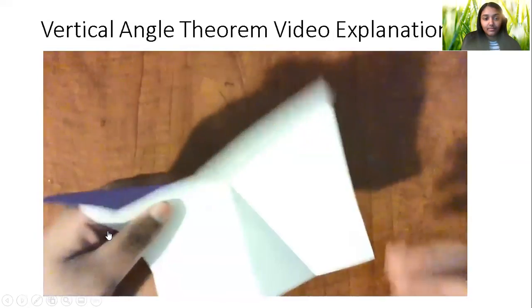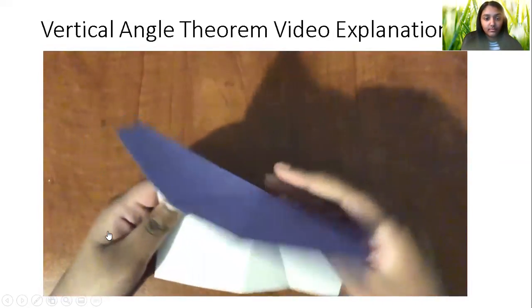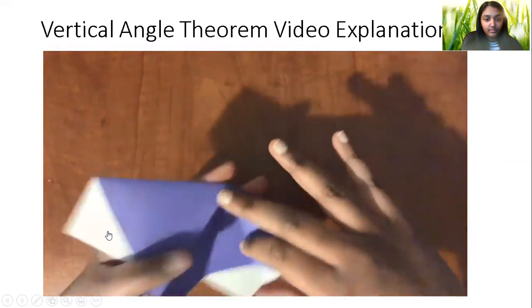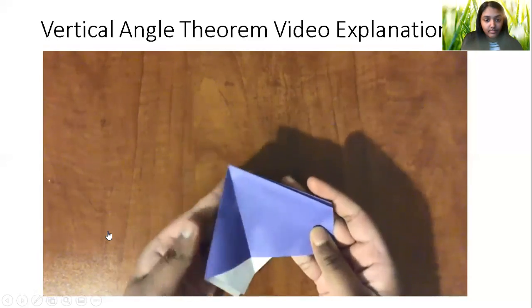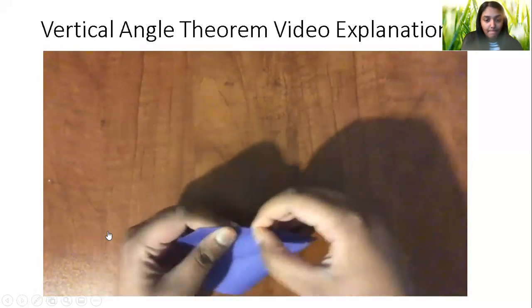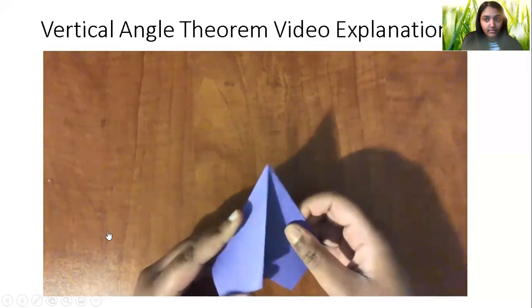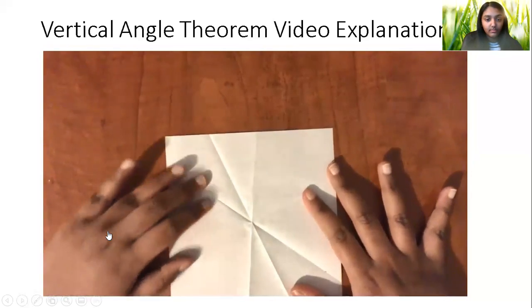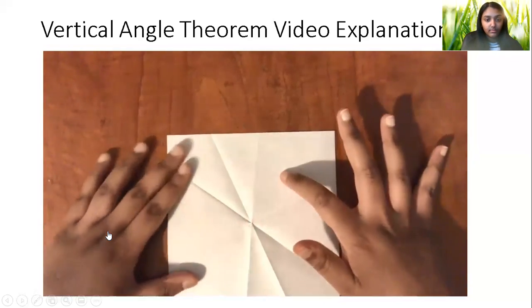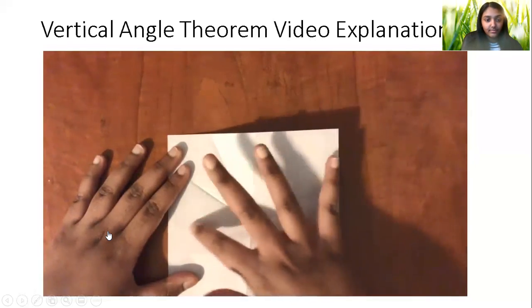In this video, I'm going to show you a way to visually see and understand the vertical angle theorem. So first, I fold the piece of paper a few times to get angles when I unfold it. I unfold the piece of paper and I see I have 8 angles. So the vertical angle theorem states that opposite angles are equal.